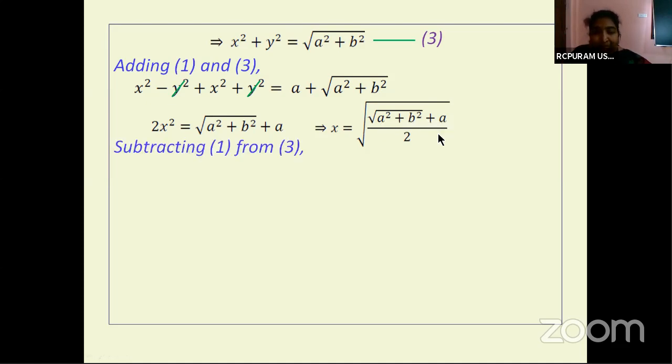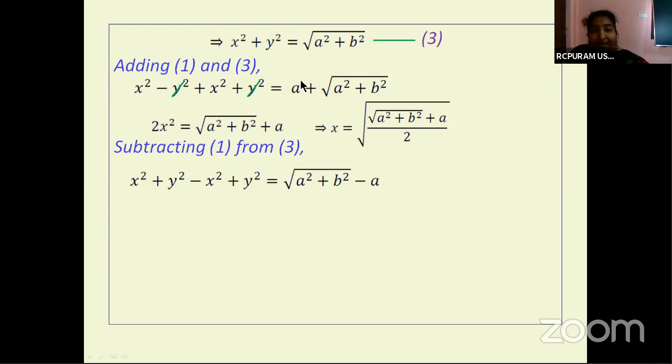Likewise, we will try to calculate y also by subtracting equation 1 from equation 3. Our equation 3 is x square plus y square, children. Our equation 1 is x square minus y square with a minus sign in front of it. The signs change. So x square plus y square minus x square plus y square.